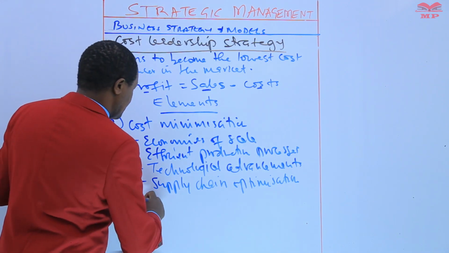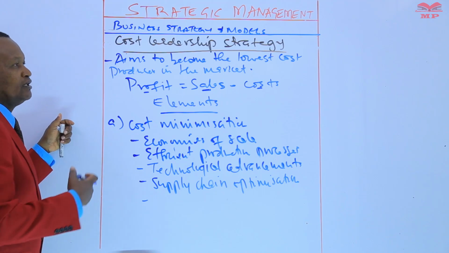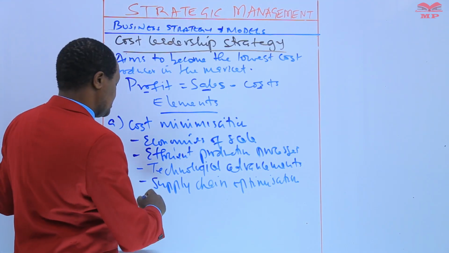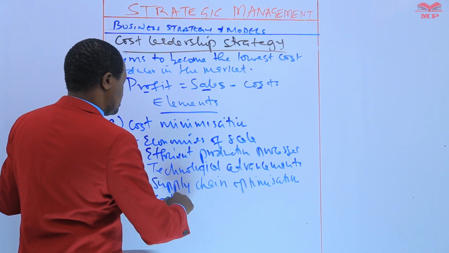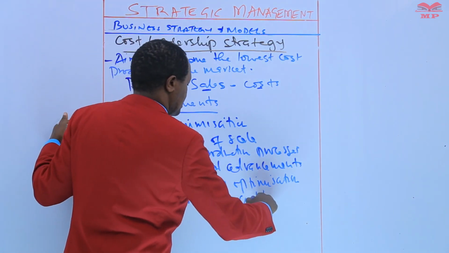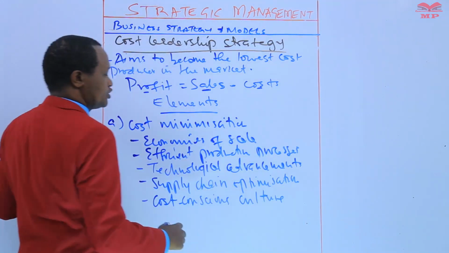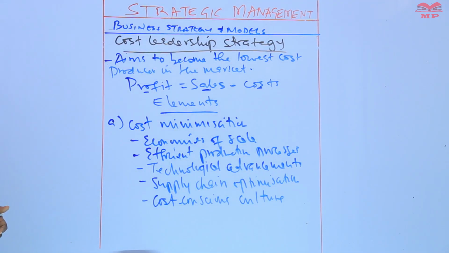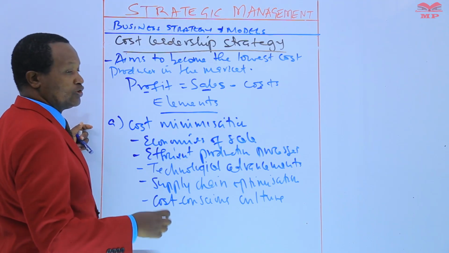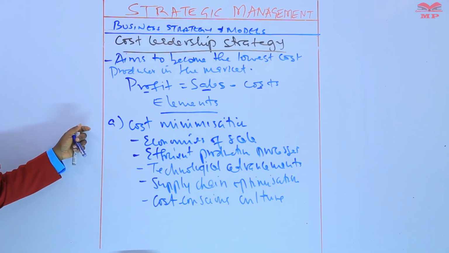Then the company can develop a cost conscious culture. That means fostering a culture that emphasizes cost control and efficiency at all levels of the organization.